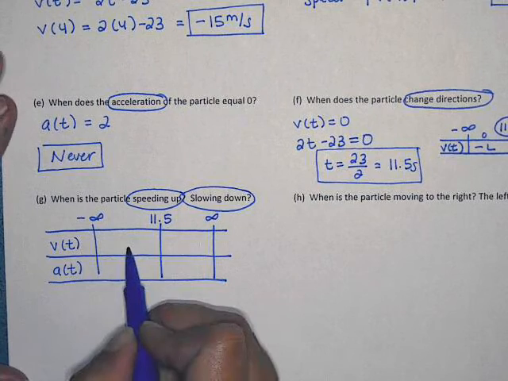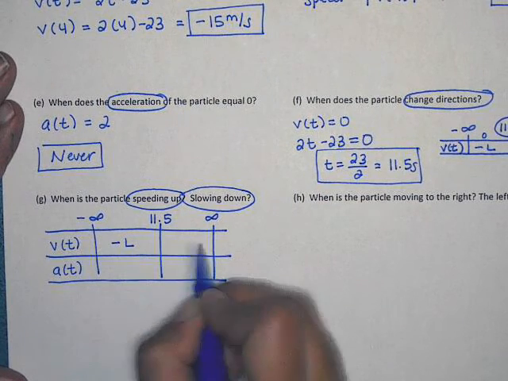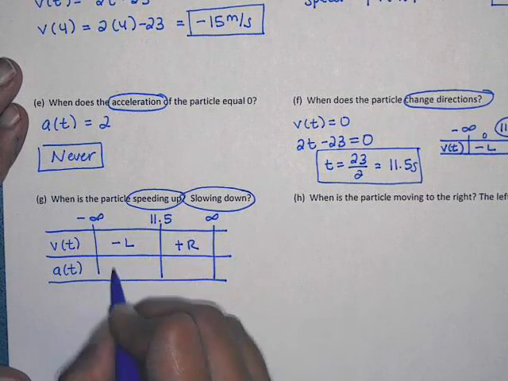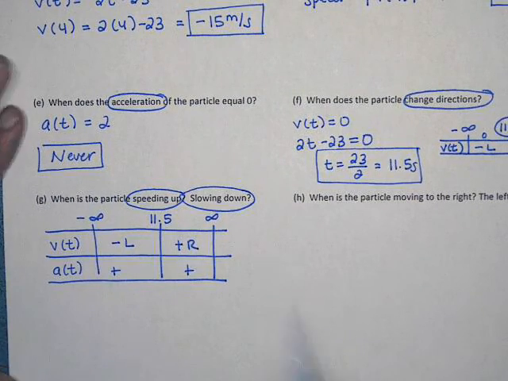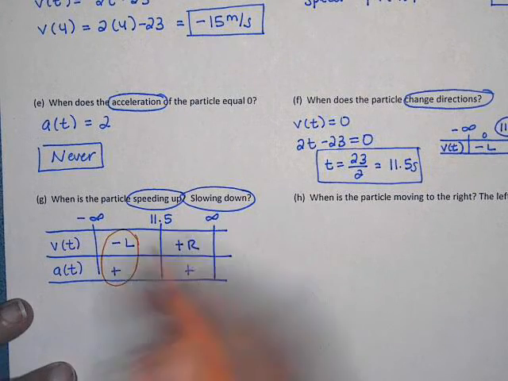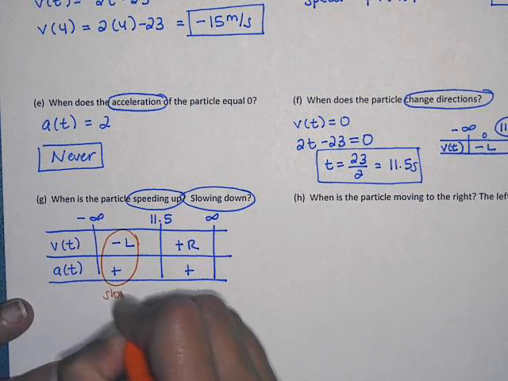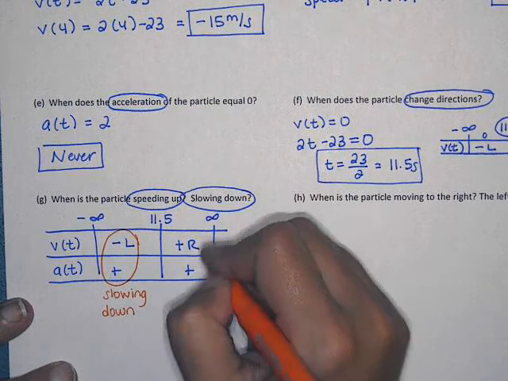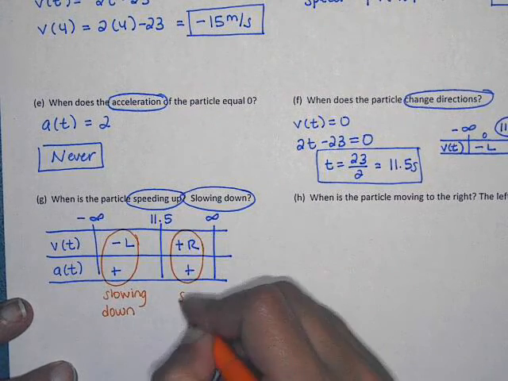I already made this chart for velocity. We said we were negative and then positive. Acceleration is always positive too, so it's going to be positive all the time. What that means is that because these are opposite signs, this is where I'm slowing down. And because these are the same sign, this is where I'm speeding up.